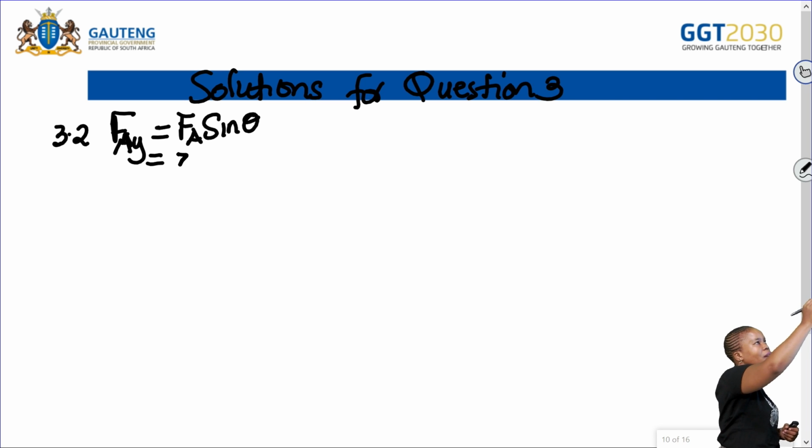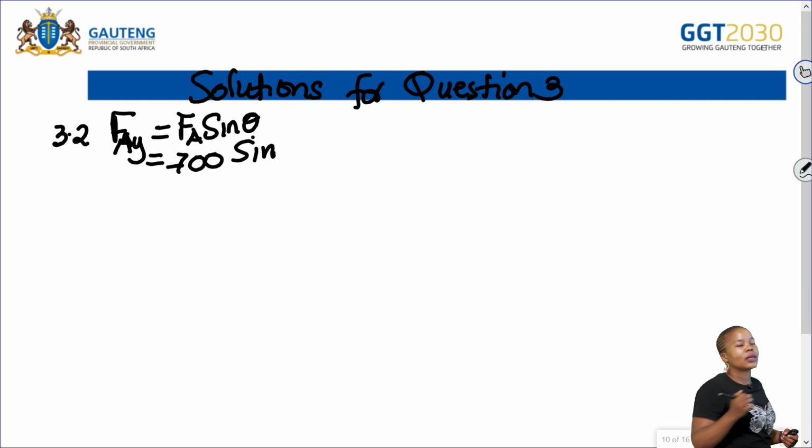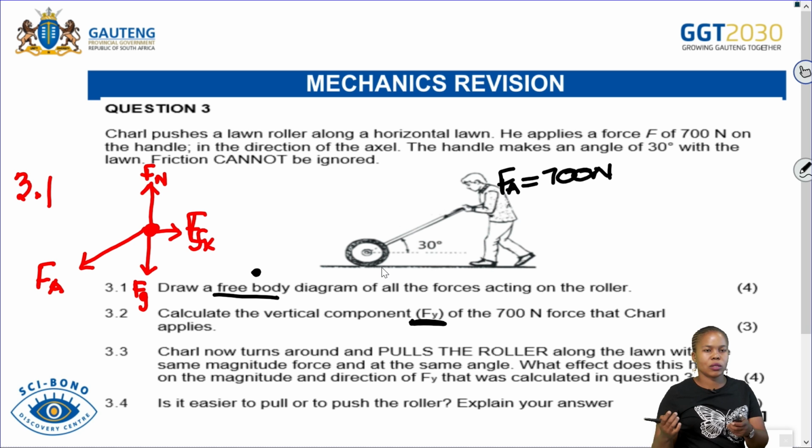This is 700 sine, and you check the angle to the horizontal that we have, so it's 30 degrees.